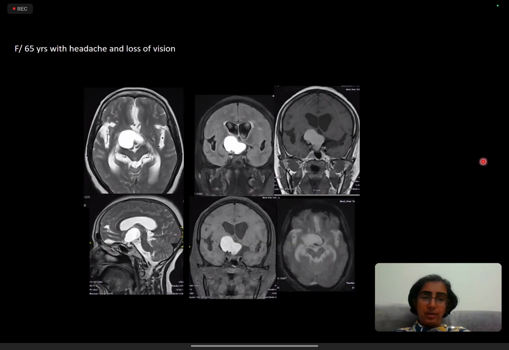So here's another patient, an elderly lady with headache and loss of vision.